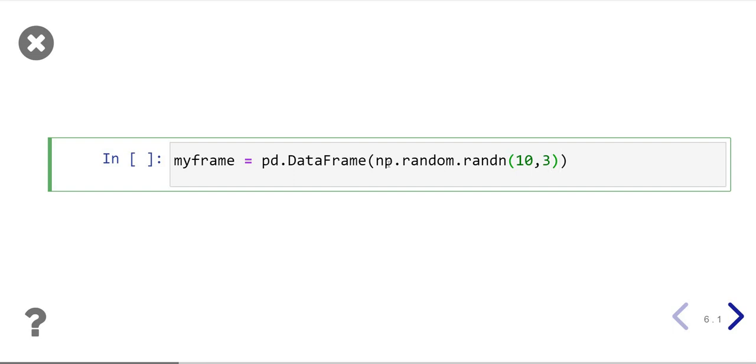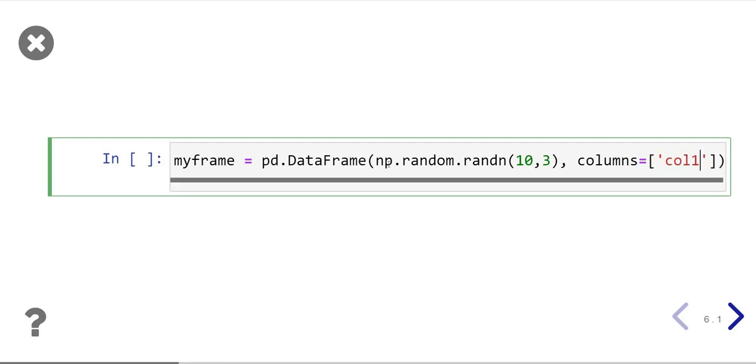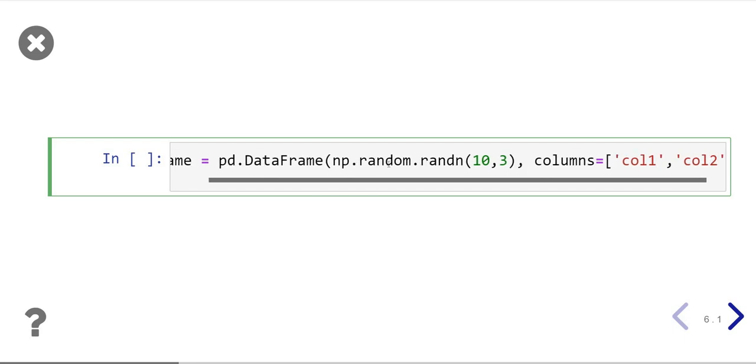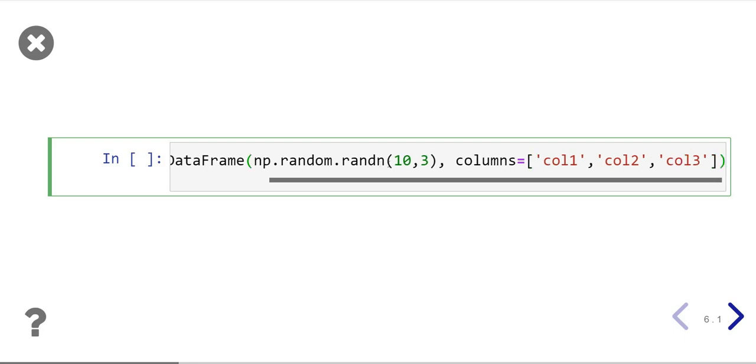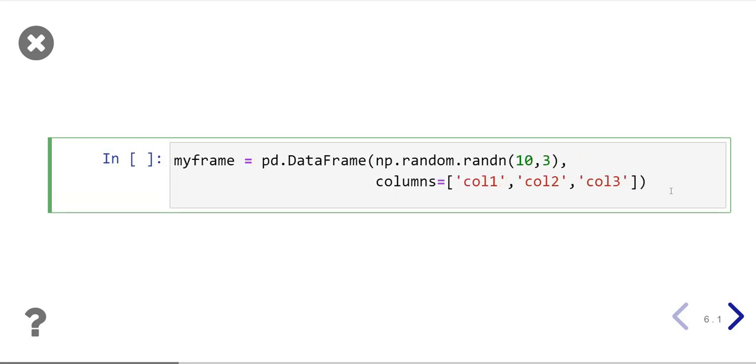And we have the option to give the columns names. We have done this before. So let's say we give them as column 1, column 2, and column 3. Okay, this is much easier for you all to see, right?